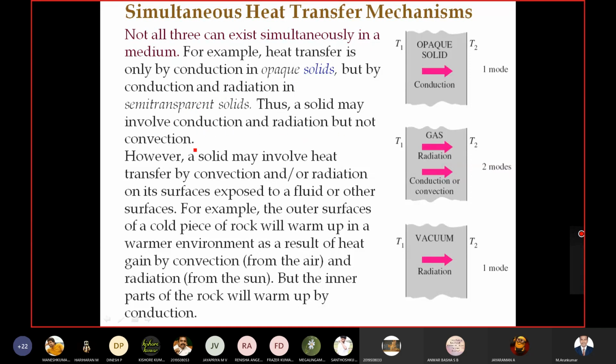However, a solid may involve heat transfer by convection and/or radiation on its surfaces exposed to a fluid or other surfaces.